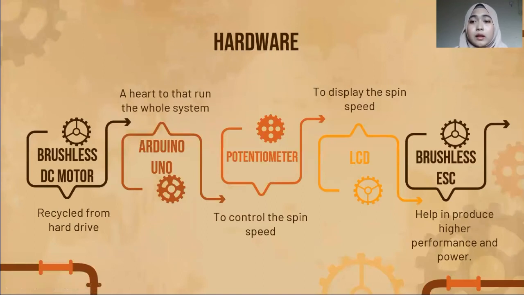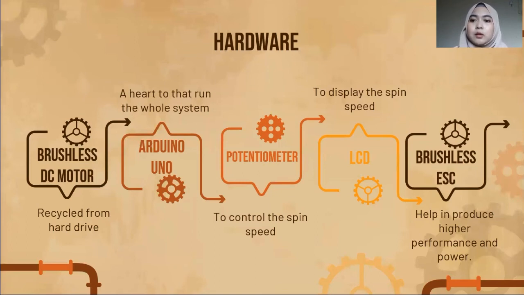The hardware that will be used in this project is a brushless DC motor, Arduino Uno, potentiometer, LCD, and brushless ESC. The brushless DC motor will be recycled from the hard drive itself, and the Arduino Uno is the heart that runs the whole system. The potentiometer's function is to control the spin speed.